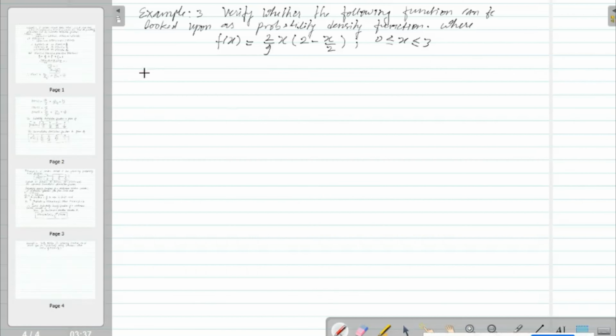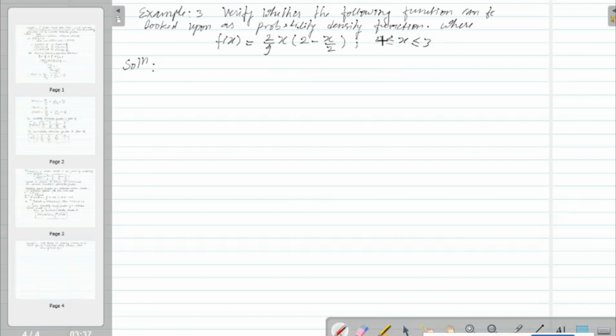Let us do the solution for this. First of all, f must be non-negative, meaning greater than or equal to 0.